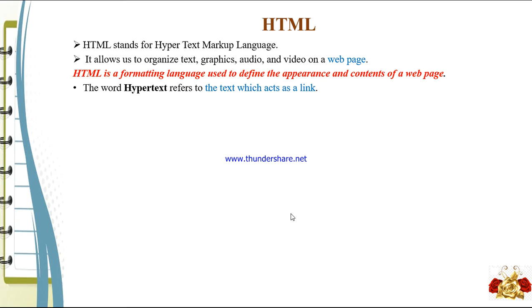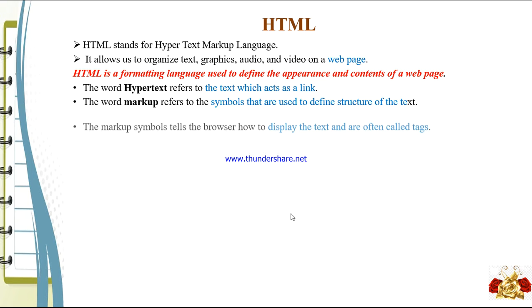The word hypertext refers to the text which acts as a link. The second word, markup, refers to the symbols that are used to define the structure of the text.